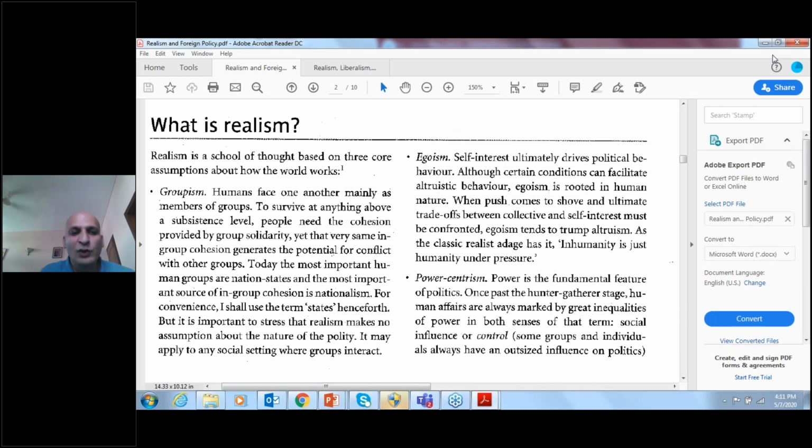That is, human beings basically need to put themselves in groups in order to survive, because individual human beings are weak. Even ever since we were hunter-gatherers, we have made tribes. There's a particular reason for that, because individuals are weak, so you have to put yourself in a group. That is, humans face one another mainly as members of groups.